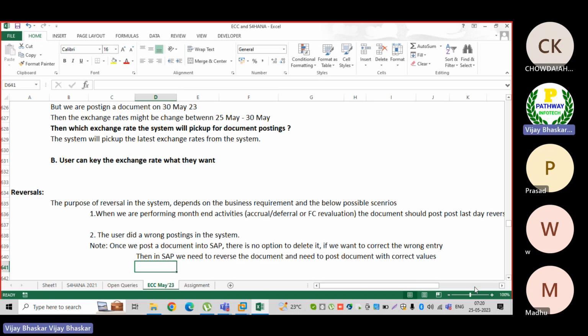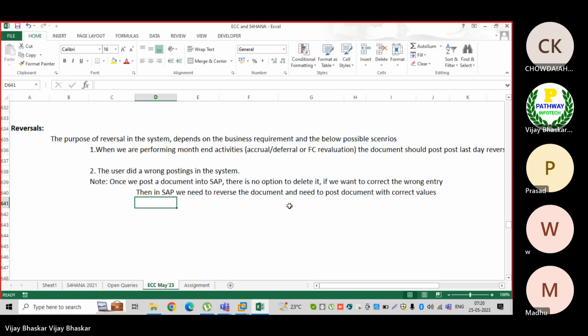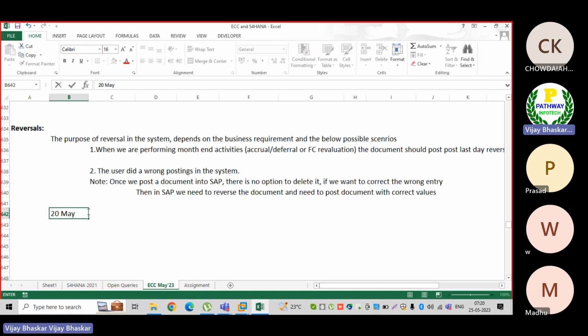Now let us assume on 20th of May 23, we have received an invoice copy from the vendor. The invoice value, let us assume, is 10,000.